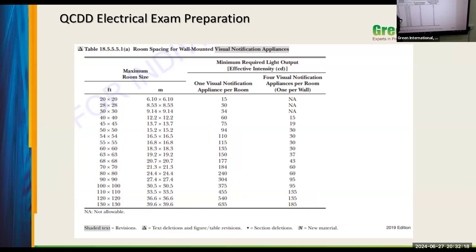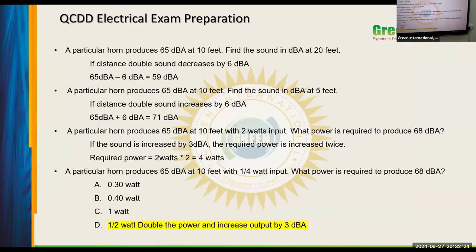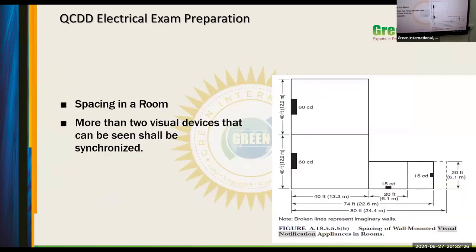Okay. So the room size is 40 by 40. That's why we are using 60 candela for 1.